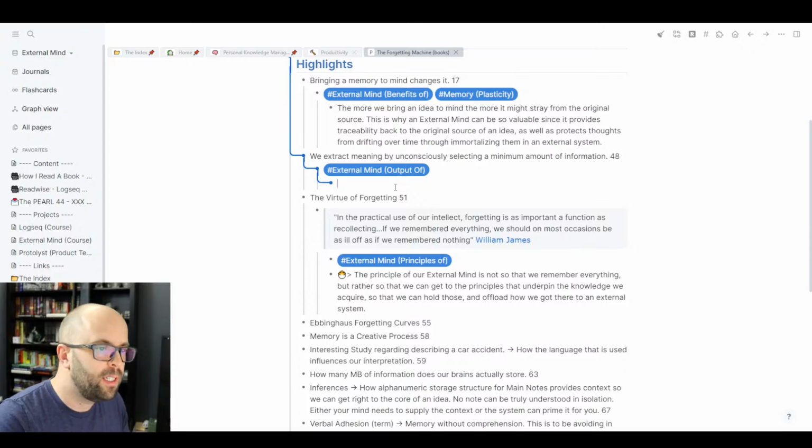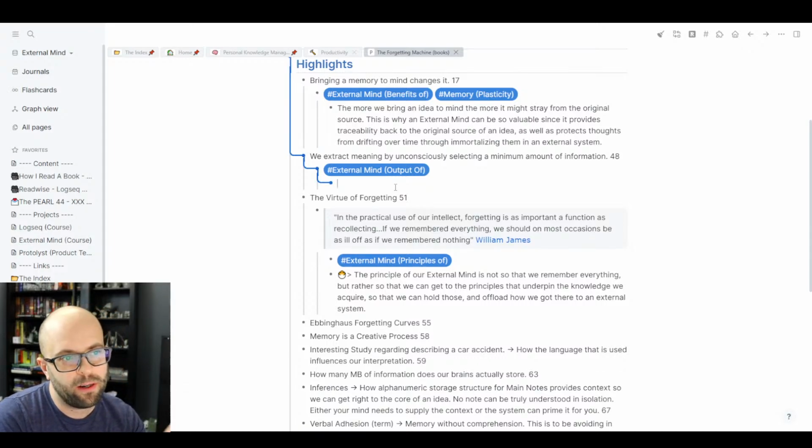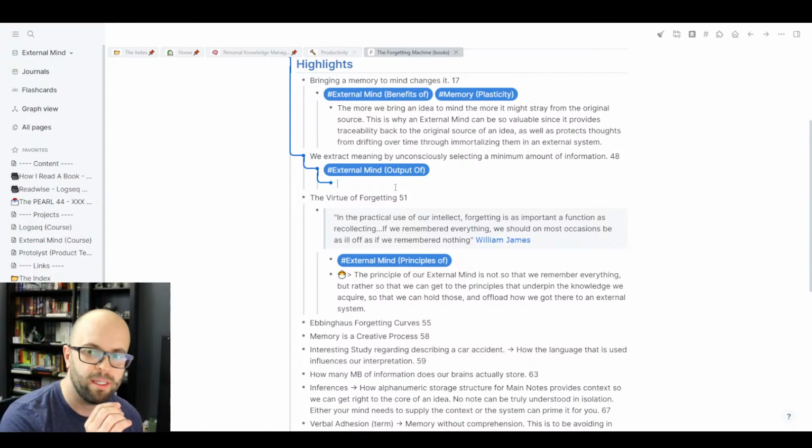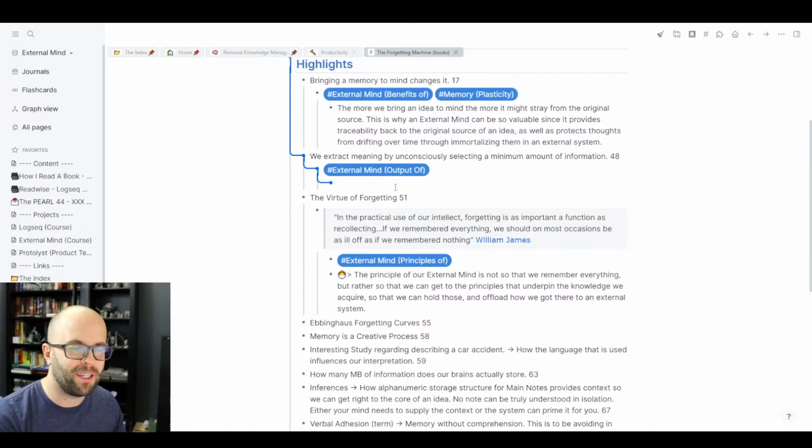Okay, so this note here that I made about extracting meaning from a minimum amount of information, I tied that to my external mind, the output. So I did a bit of thinking there as I was talking aloud, and I want to capture the essence of that, so when I come back to this, I can remember it for creating a main note.